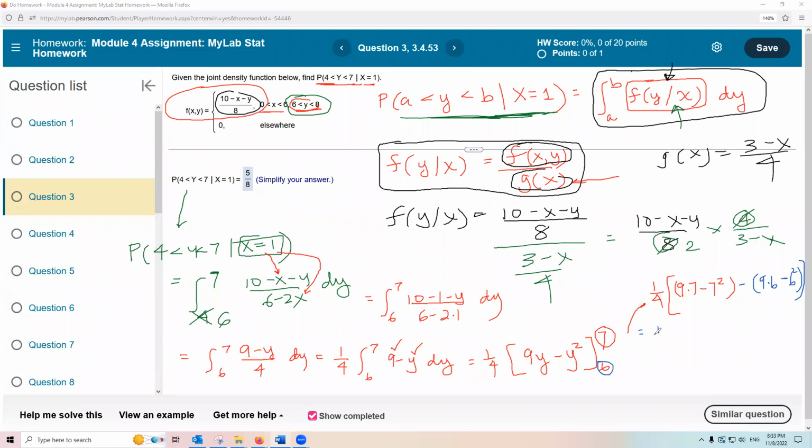All right, so this is 1/4 times, what do we have here? 63 minus 49, minus 54 minus 36. Let's work this out. I'm going to go to my calculator. 63 minus 49 is 14, and 54 minus 36 is 18.